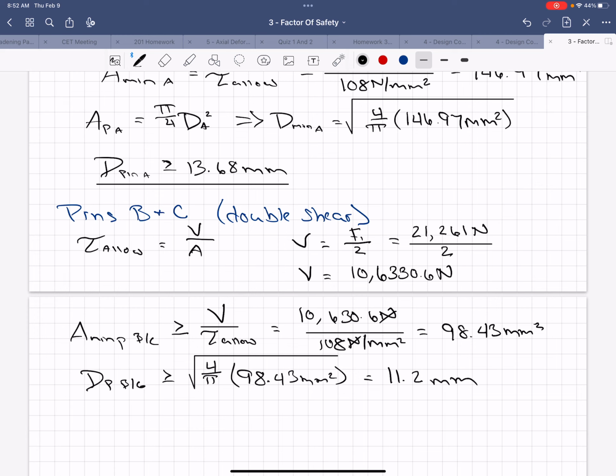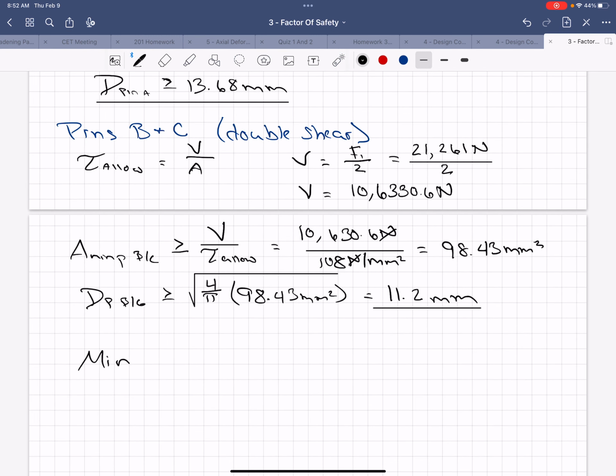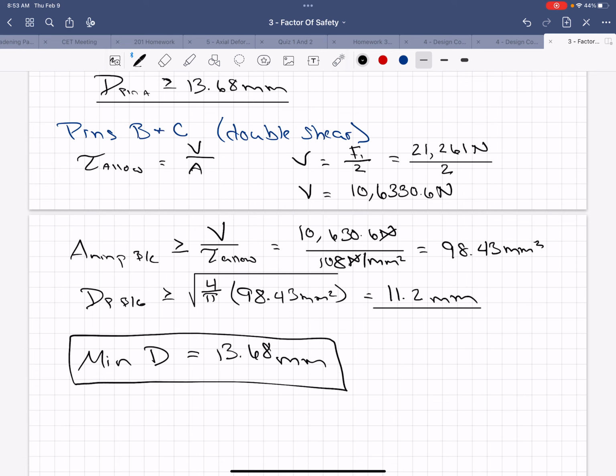That is smaller than for pin A. So that means the diameter of pin A controls. So the minimum diameter equals 13.68 millimeters. All right.